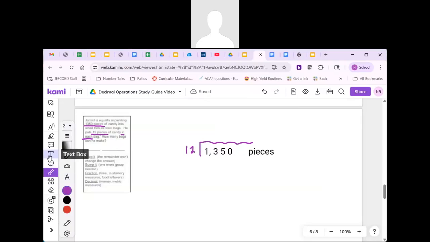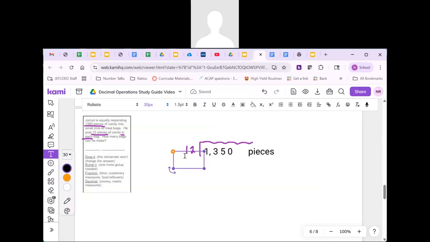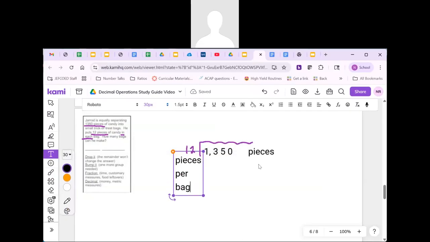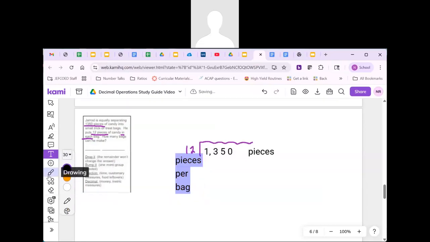So you guys know when it says pieces again, I can't have just pieces. This is the only total pieces. This is pieces per, which means in each. Well, in each what? Yes, bag. You also know that I should see the labels twice, right?